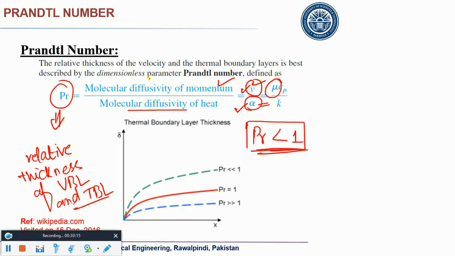This mass transfer is what? Not particularly. For example, if there is a plate, is there any kind of mass transfer then?